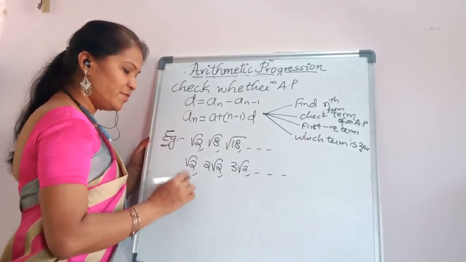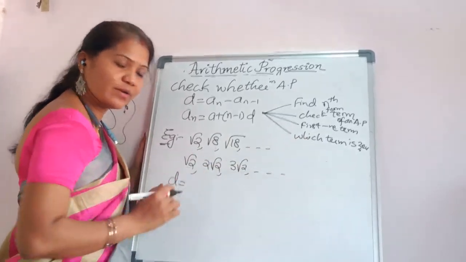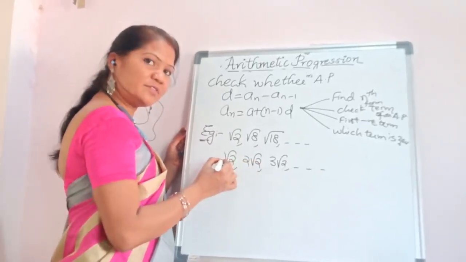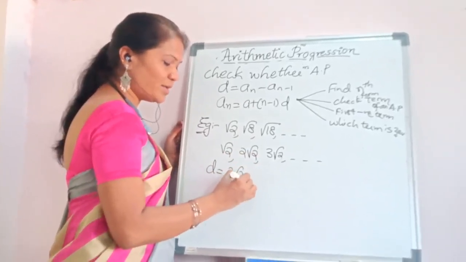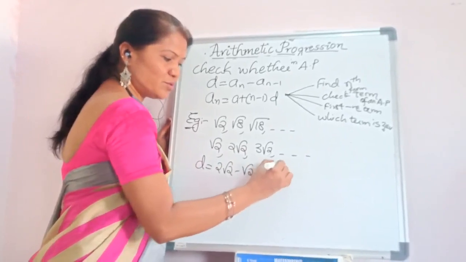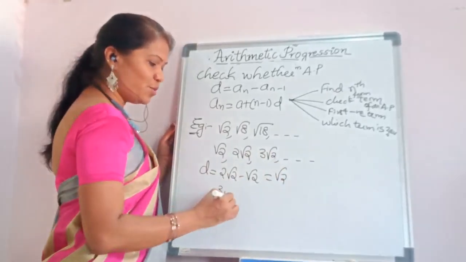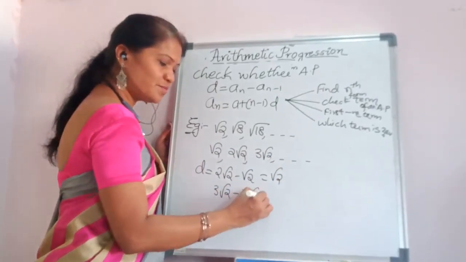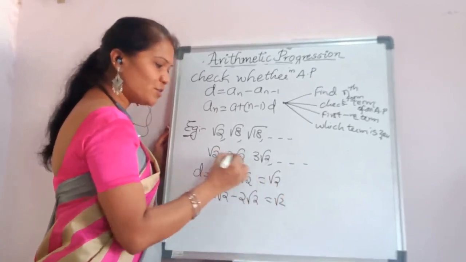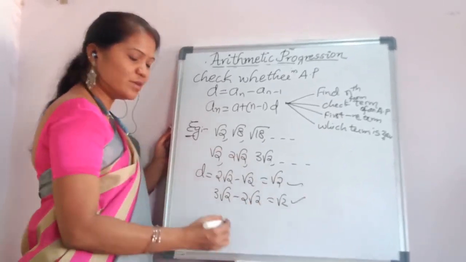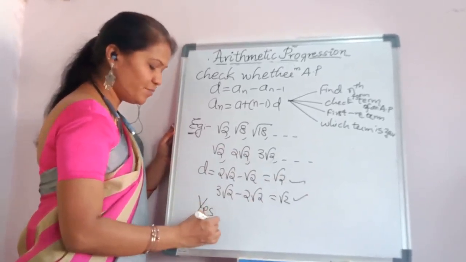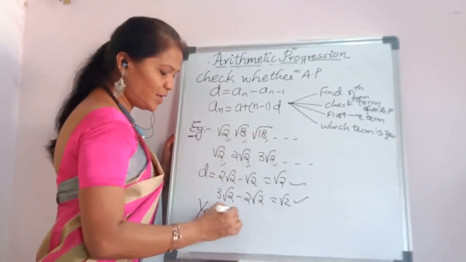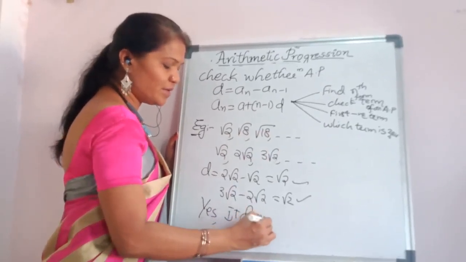Find d. First term, second term, third term and so on. Second term minus first term: 2 root 2 minus root 2 is root 2. 3 root 2 minus 2 root 2 is root 2. So are we getting the consecutive term difference constant now? Yes, therefore, the given sequence forms an AP.